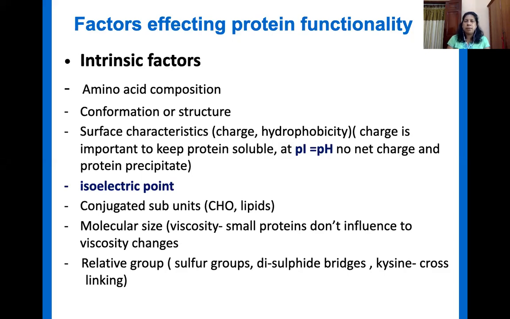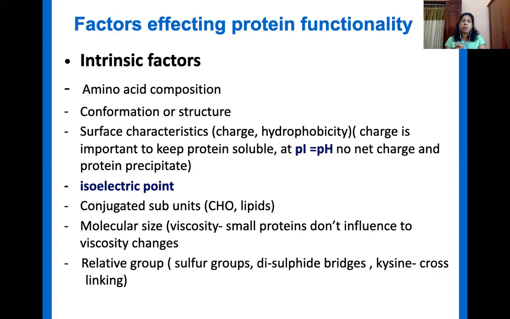Then the other one is surface characteristic. So the hydrophilicity, hydrophobicity. I also mentioned the isoelectric point, pH equal to pI. No net charges are there, therefore the protein can be precipitated. If the proteins are precipitated and get together or coagulate, then the function will be totally changed. Therefore, the surface characteristic of the amino acids available in the protein totally depends on its functionality.